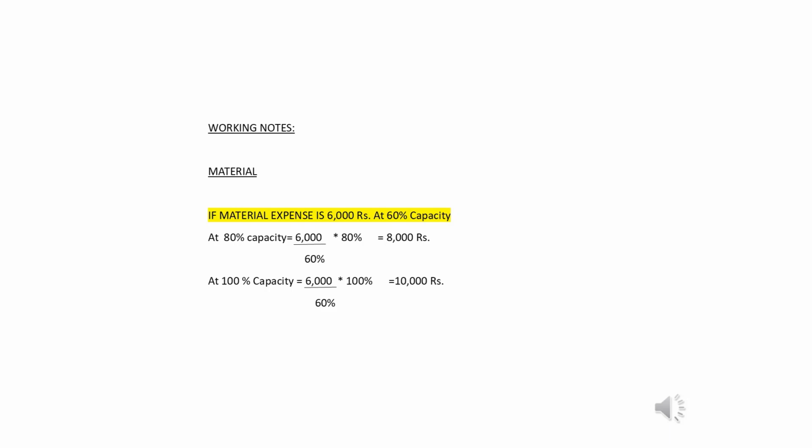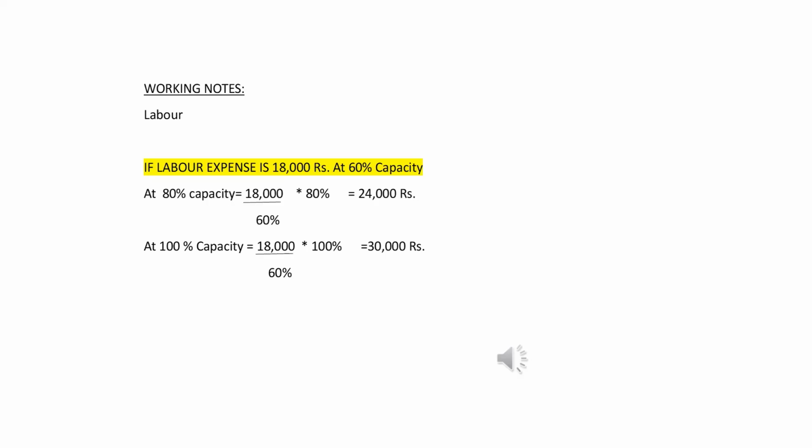Similarly, we can calculate at 100% capacity also. So the same formula or same way we will be using here also. 6,000 divided by 60% multiplied by 100% and the expense at 100% capacity will be 10,000 rupees. Now similarly, we will be calculating variable expense at different capacities for labor.